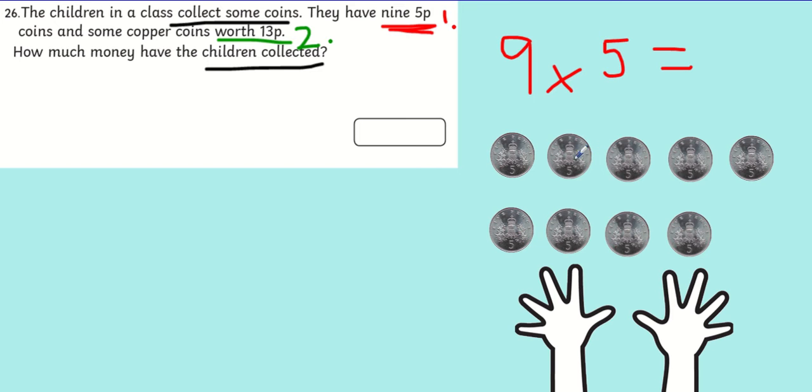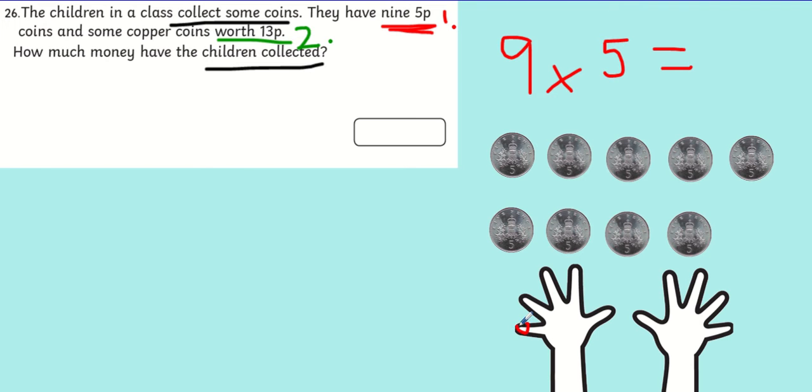So here we are, I've got my 9 5p coins and I'm going to count up in 5s. Ready? 5, 10, 15, 20, 25, 30, 35, 40, 45. Or you could use your fingers. We're going to count up in 5s 9 times.